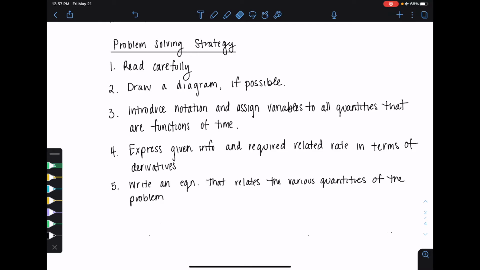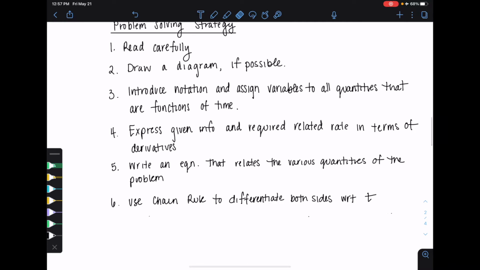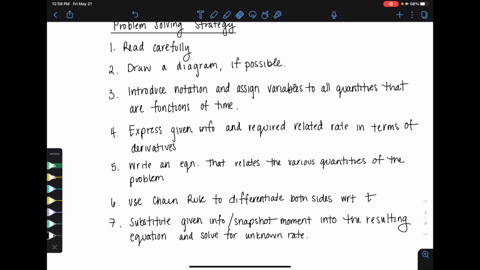So you want to write some equation that relates all the quantities of the problem. Then you go ahead and differentiate both sides with respect to time, utilizing that chain rule to get that d-whatever-dt. And then you can use that snapshot moment to plug specific numbers into the equation and solve for the unknown rate.